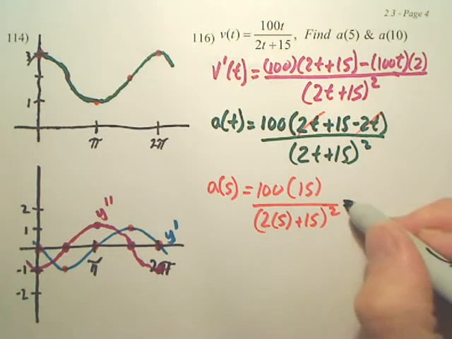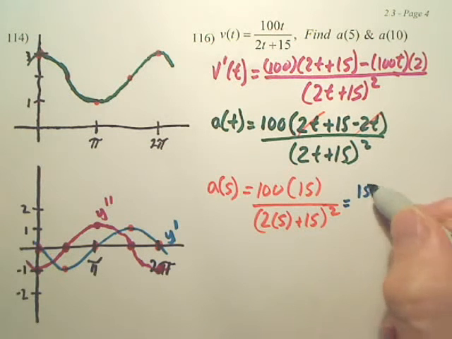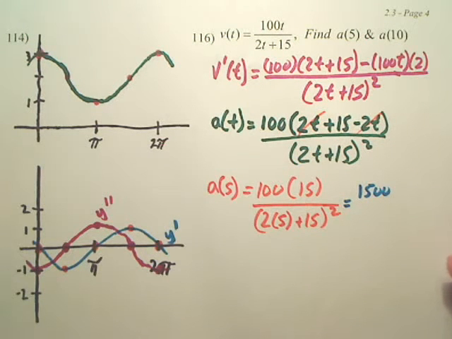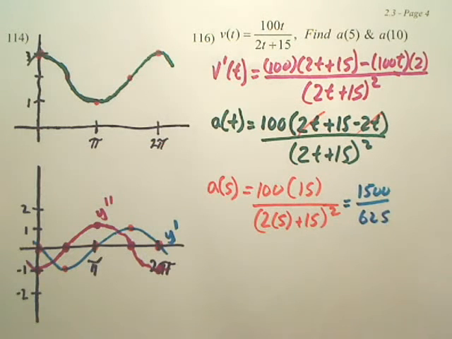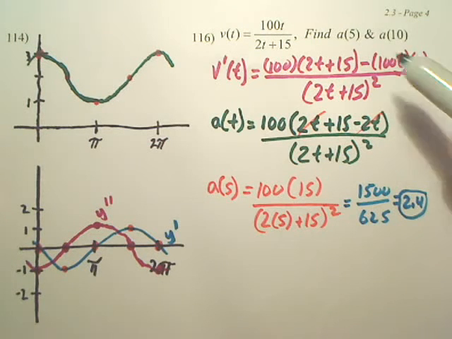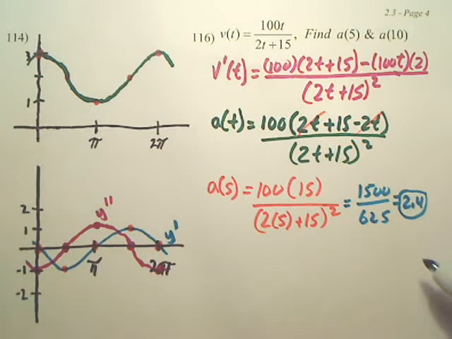So it looks like we have 1500 divided by 25 squared, which is what? 25 squared is 625. And if you did that on your calculator, is it 2.4? Trust that's the answer. Are we okay with that? So the acceleration at 5 seconds or whatever is 2.4.